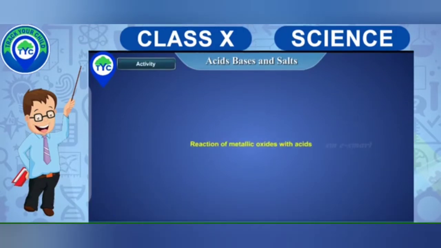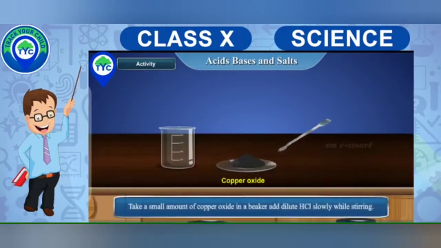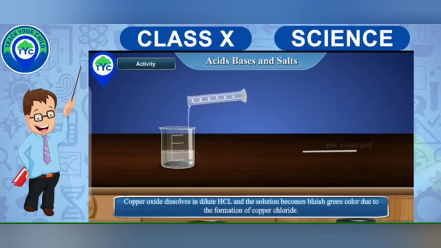Activity 6. Reaction of metallic oxides with acids. Take a small amount of copper oxide in a beaker. Add dilute HCl slowly while stirring. Copper oxide dissolves in dilute HCl and the solution becomes bluish green in color due to the formation of copper chloride.